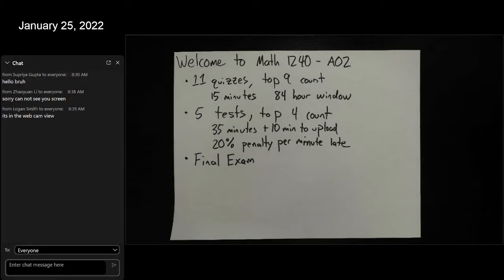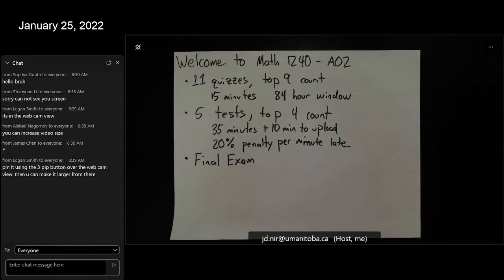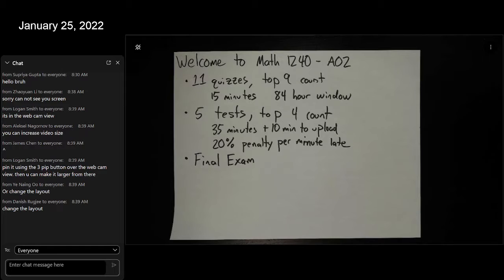Cannot see my screen in the webcam view. Interesting. Yes, you should be able to change the size here. I did stop sharing the screen.